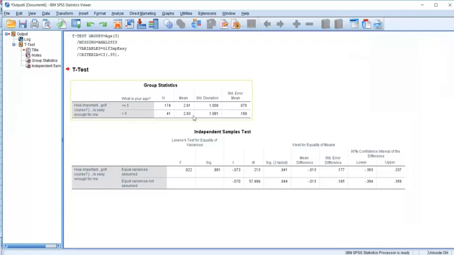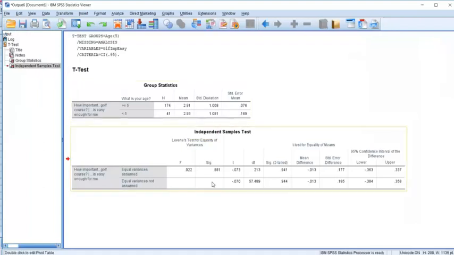So you can see here the younger group had the higher rating of whether it is important that the golf course is easy enough. Okay, but it was only higher by 0.02. Okay, so not a big difference there. Let's go ahead and check out if this is statistically significant.